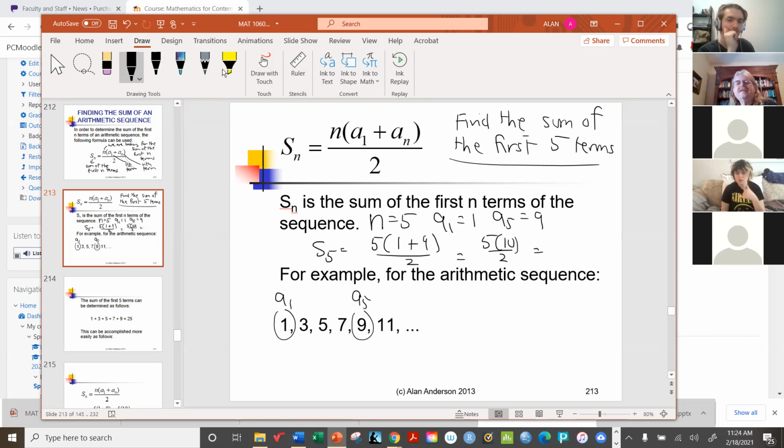This is 50 halves, 25. And if you go ahead and actually take out your calculator and add these up, you'll see that they do in fact add up to 25. So I'd rather do this formula than add them up myself, unless it's just a few terms when you don't really have to worry about it.